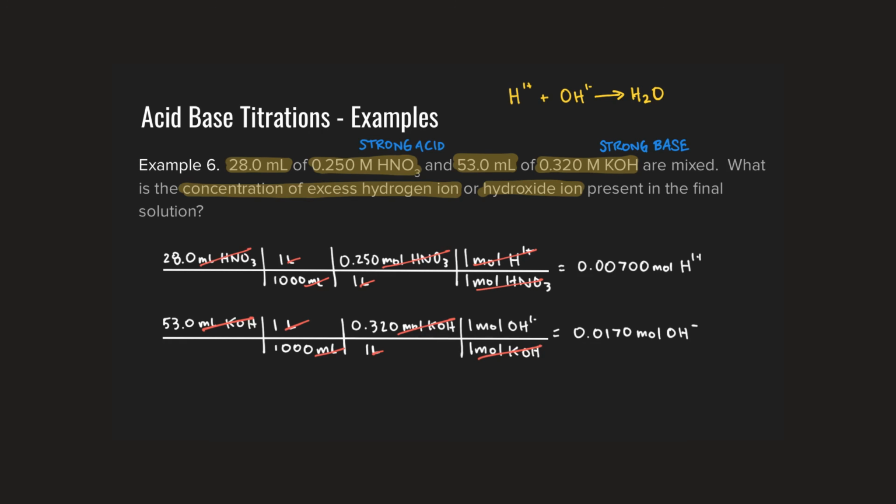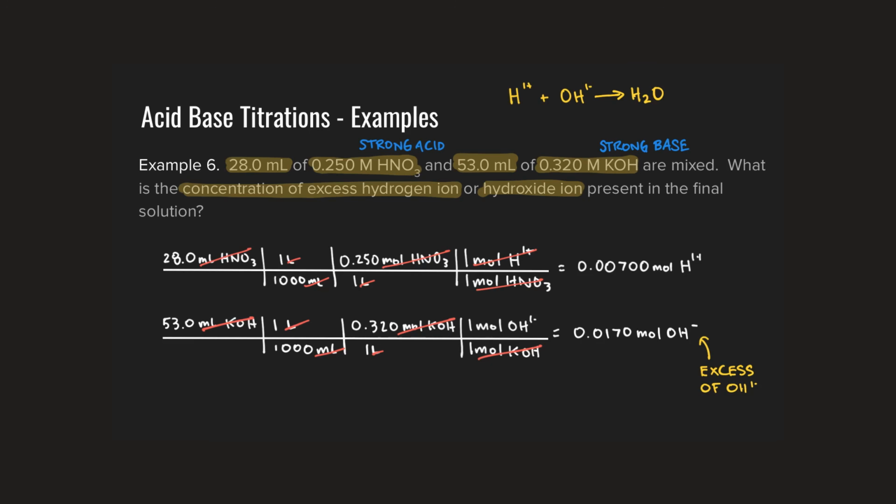And comparing now my moles of base to moles of acid, it's apparent that I've got significantly more base, OH negative, present in my solution than the acid H positive that was present there. So all that remains then to find the excess, again, recognizing that from my net ionic equation of H positive plus OH negative reacts to form water, those two ions react together in a 1-to-1 molar ratio.